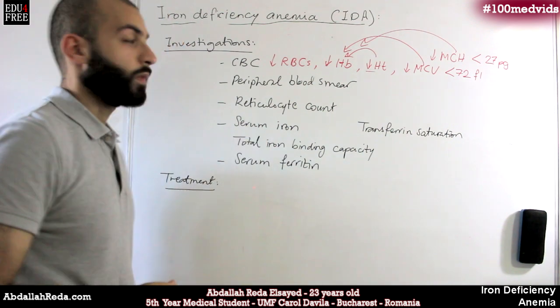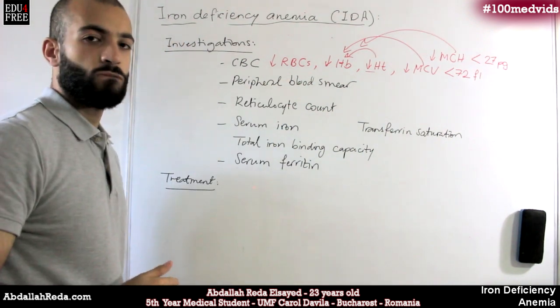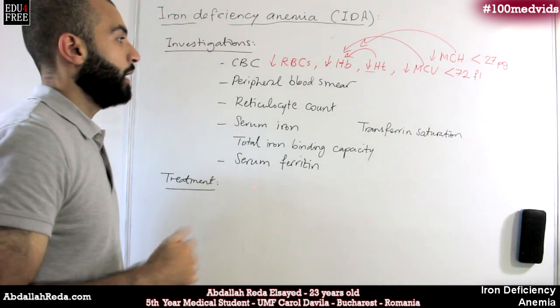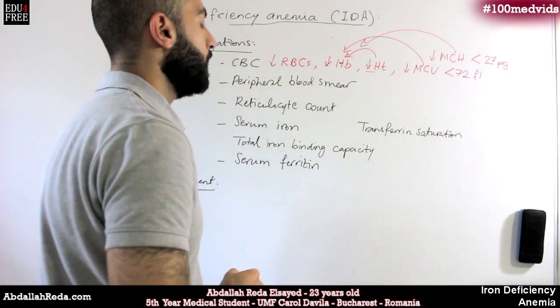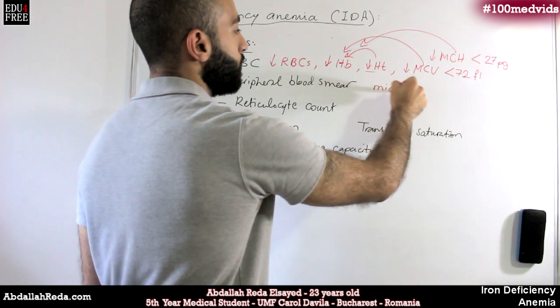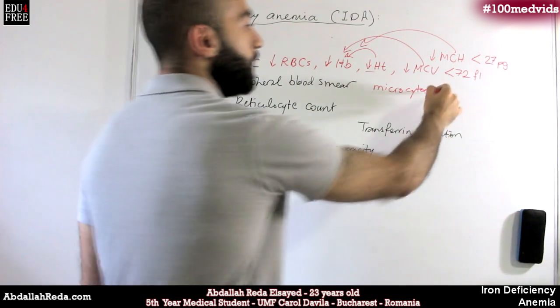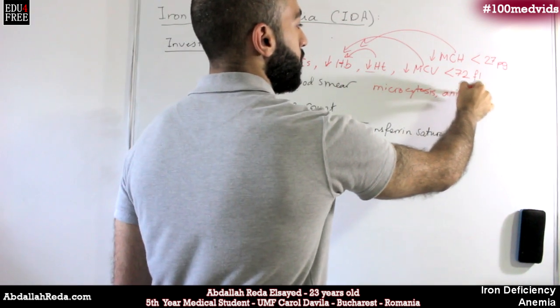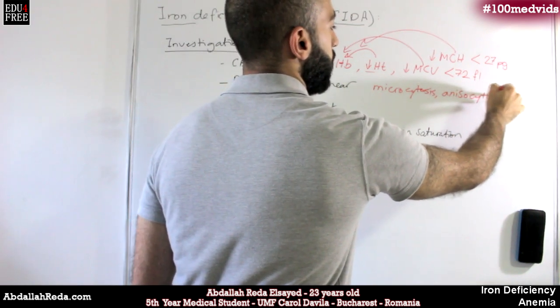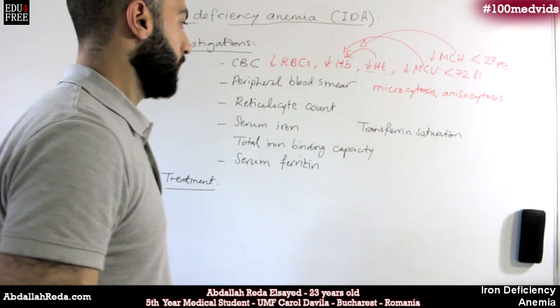Next, peripheral blood smear. In this one, we will find that we have microcytosis. So we have smaller cells. Anisocytosis means we have deformities in the red blood cells. Okay?